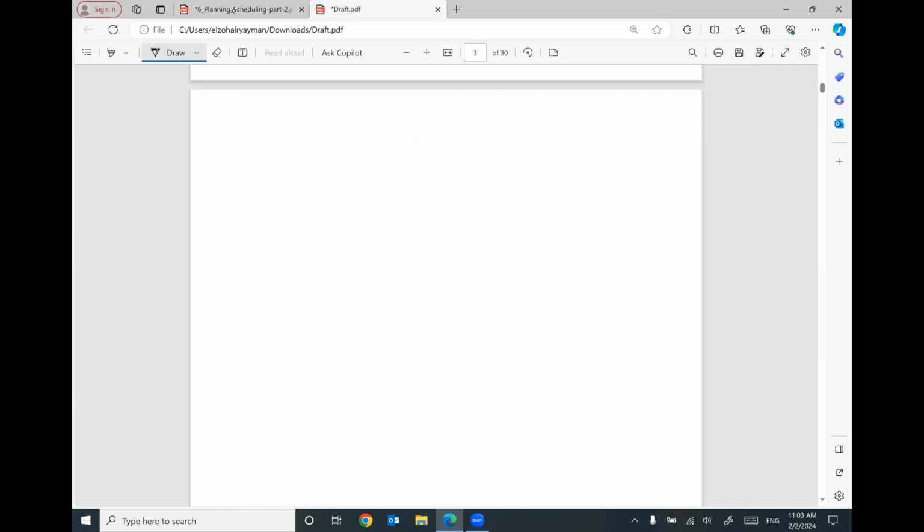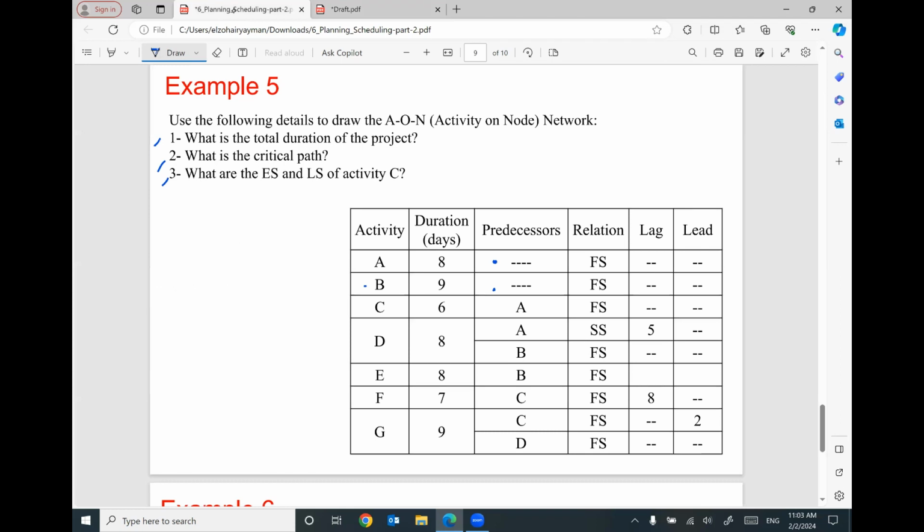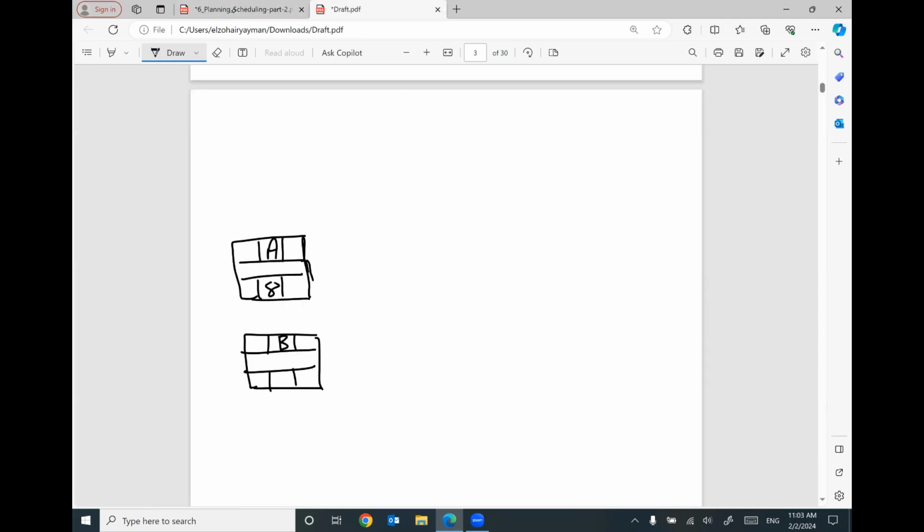So looks like these are the start of the project. The duration for activity A is 8, for B 9.